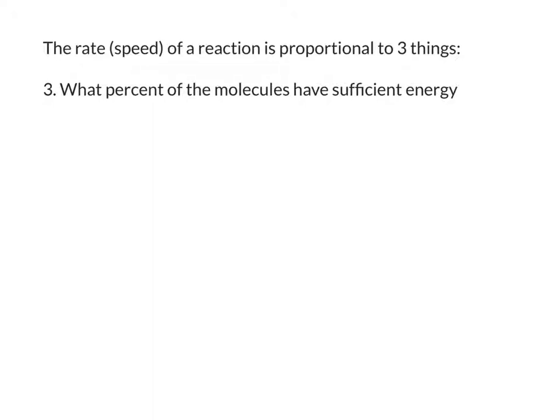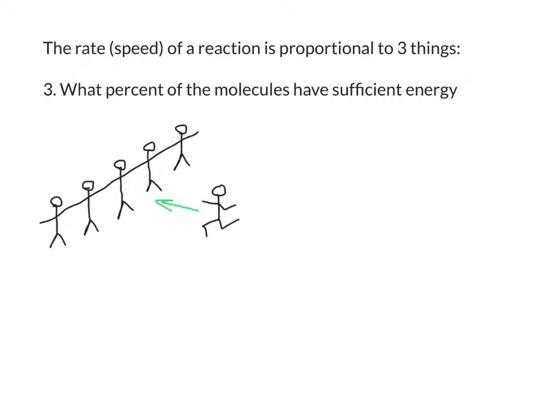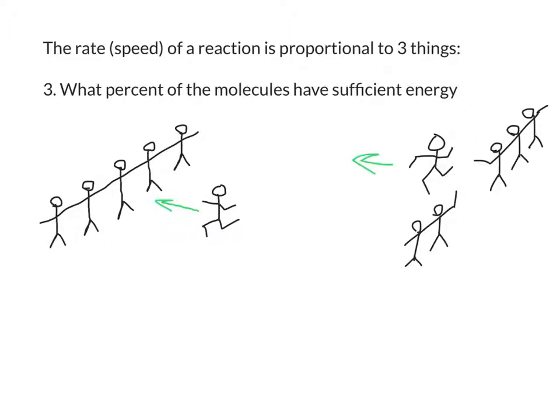The way I like to think about this is Red Rover, the game where a bunch of people line up as drawn here, and then one person runs and tries to break between two people and break where their hands are held together. In order for a chemical reaction to happen, the reactants have to have enough energy to break the existing bonds in the reagents.